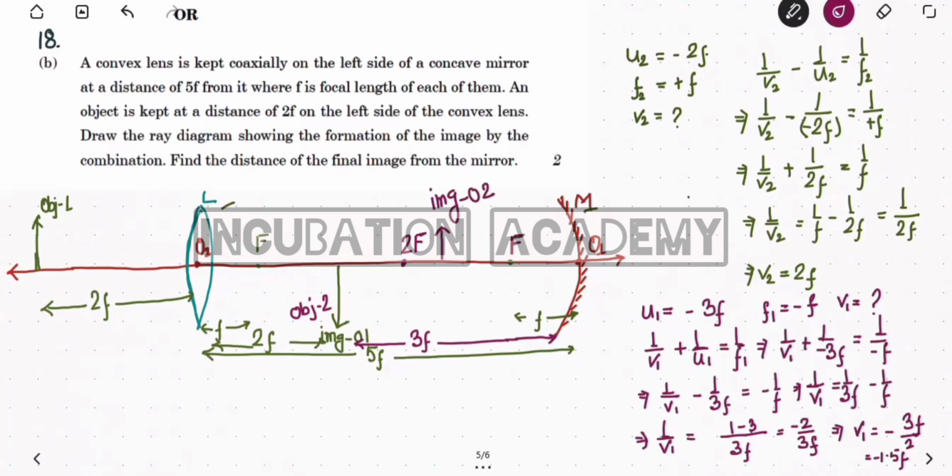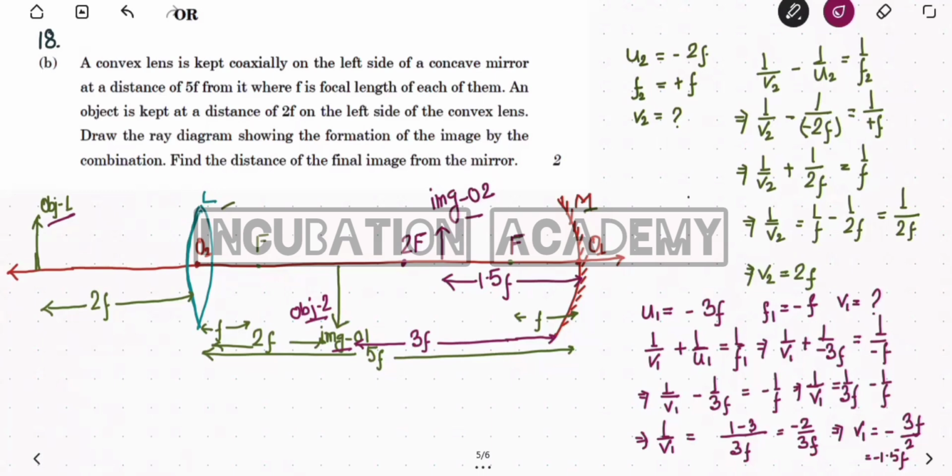So at first, object 1 is placed in front of the lens. Object 1 creates image 1, and this image 1 acts as an object for the mirror M. Now the mirror forms the final image, image 2, at a distance 1.5f from the mirror.